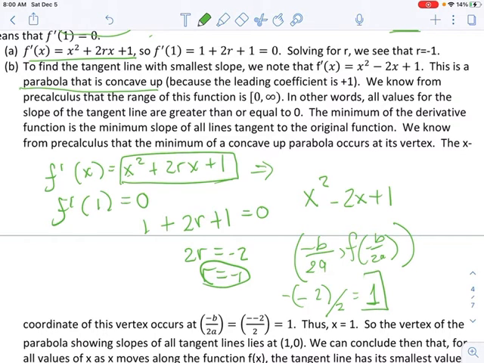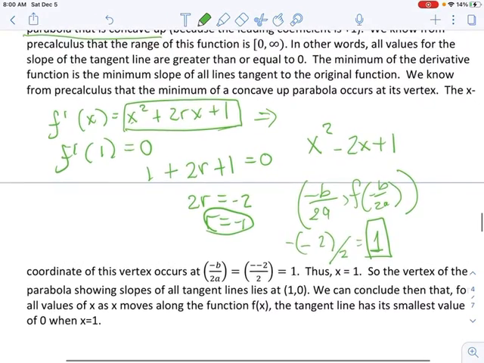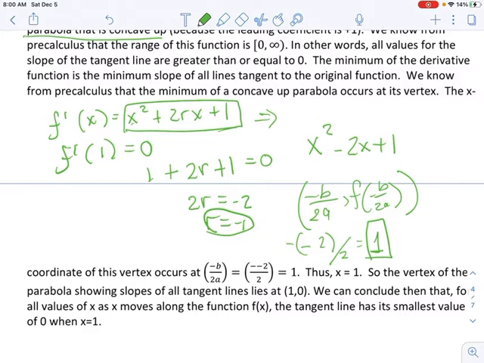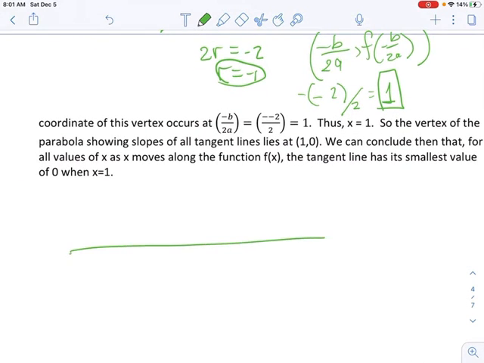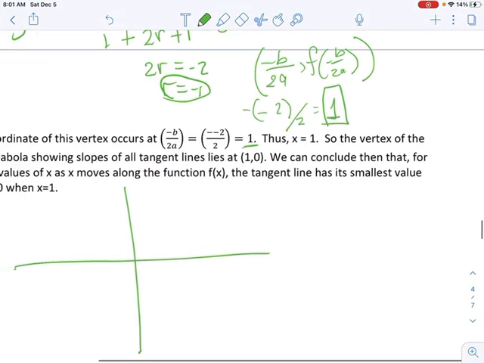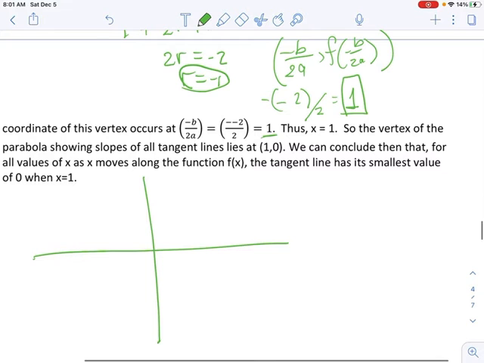So what that means is that the x-coordinate for the vertex of the parabola that is the derivative of the original function lies at 1.